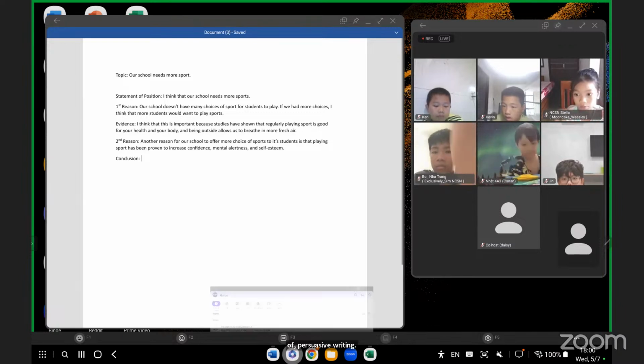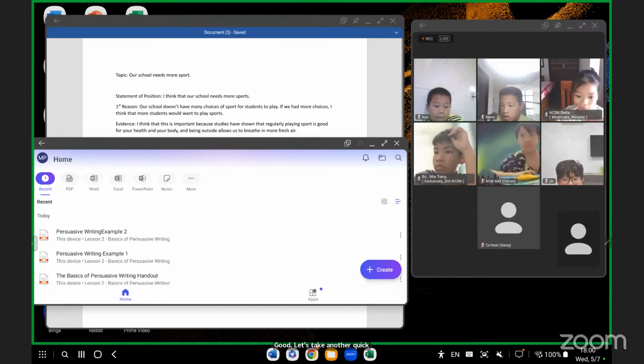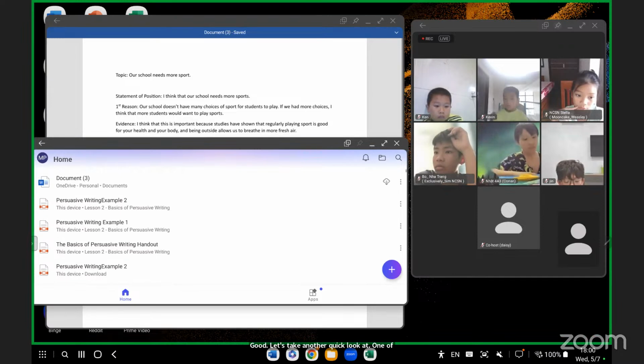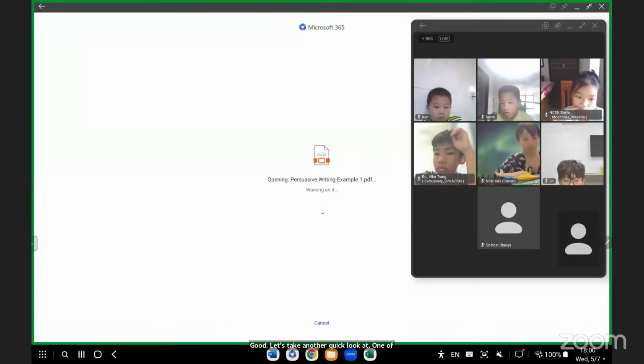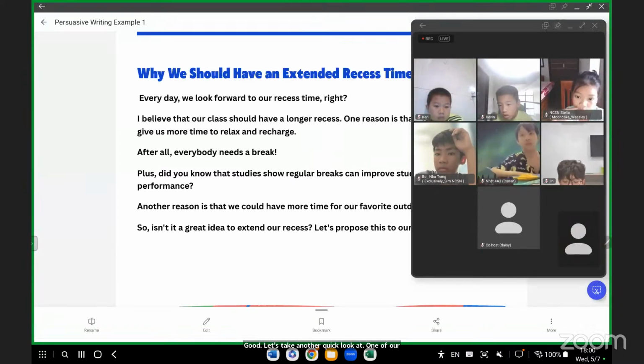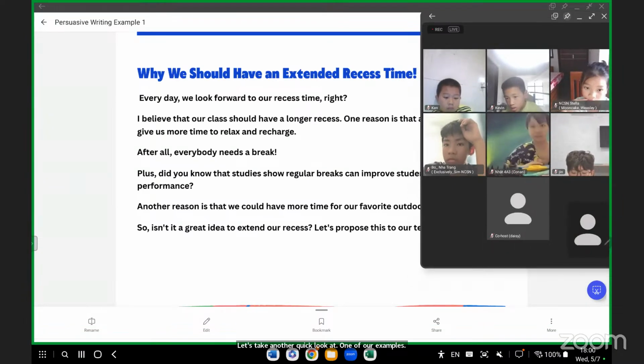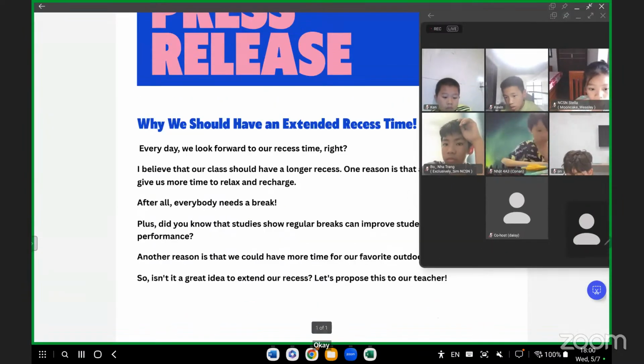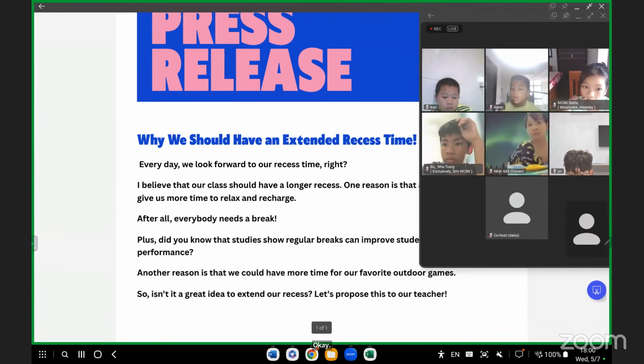Let's take another quick look at one of our examples. So we've got this example here. So isn't it a great idea to extend our recess? Let's propose this to the teacher.